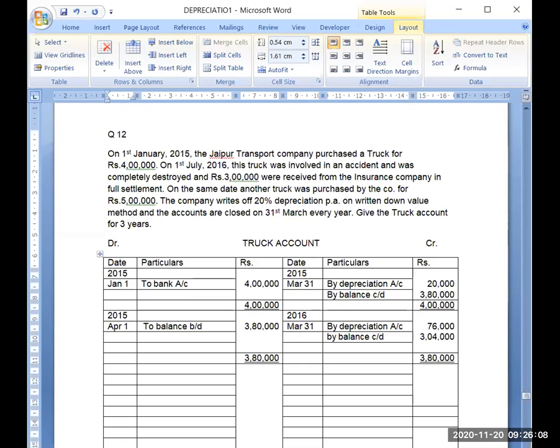Now coming to the year 2016, April 1, to balance brought down. Till here, if any query is there, you can ask.